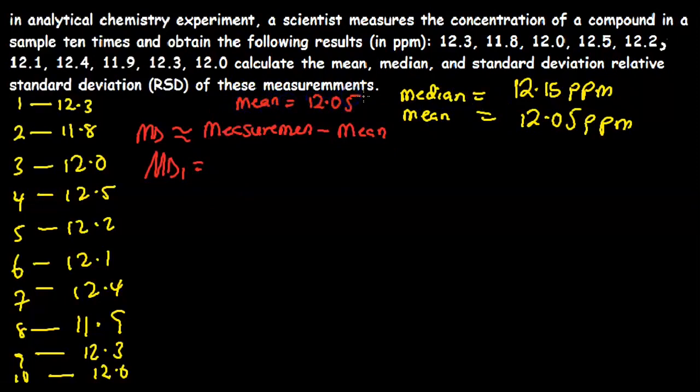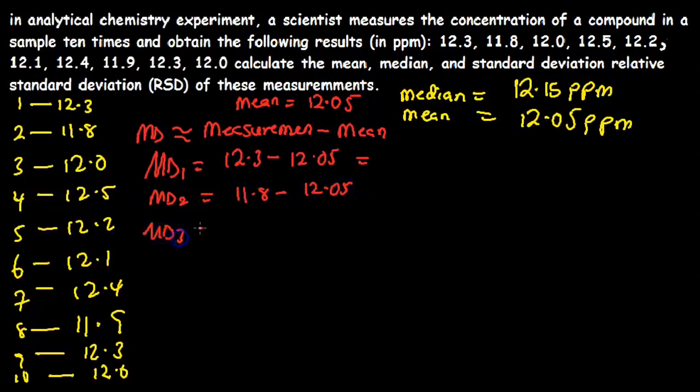We are going to subtract that 12.05 throughout our values up to 10 times. Our first observation is 12.3 minus 12.05. Our mean deviation of the second observation is simply going to be 11.8 minus 12.05.